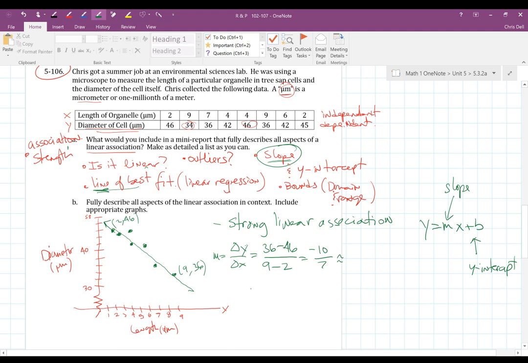So far I have my equation as y equals negative 10 over 7x plus some b value. To find that b value, I plug one of these points into the x and y.